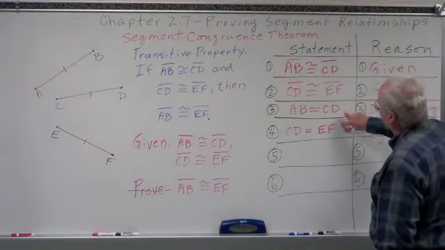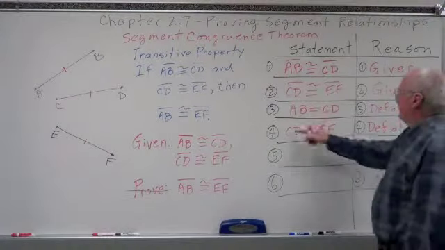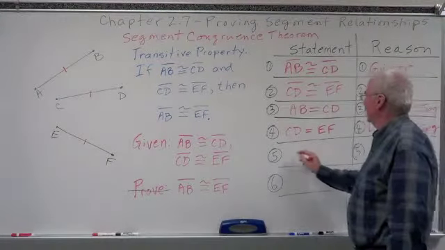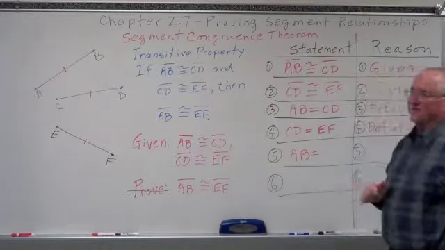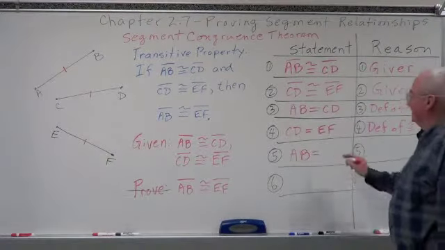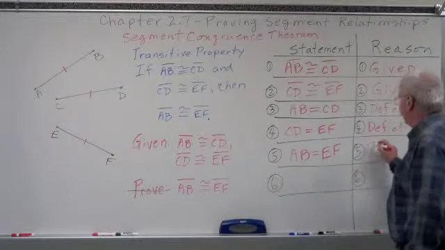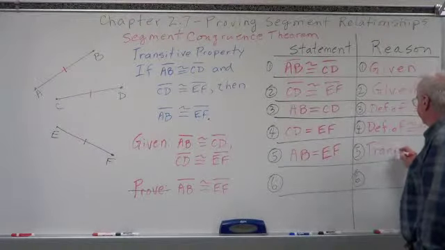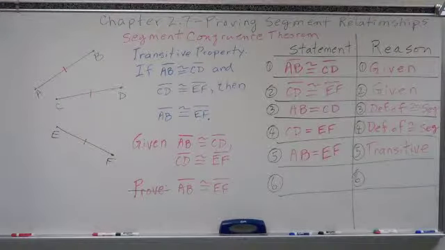Okay, what can we say next? Well, because these are algebraic terms and deal with real numbers, it's real simple. Wow, that looks like a transitive property coming up, so we can just flat out say the measurement of segment AB, a real number, is equal to the measurement of segment EF. Why? Plain old transitive property.